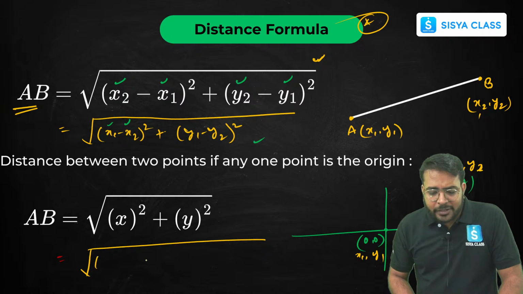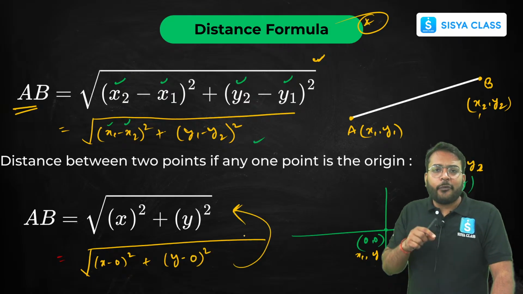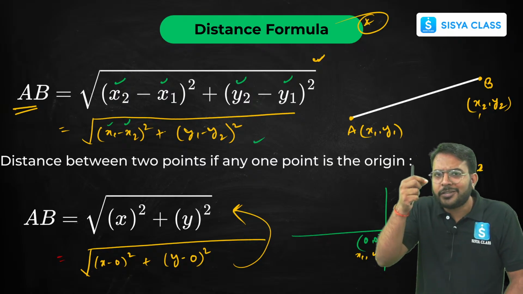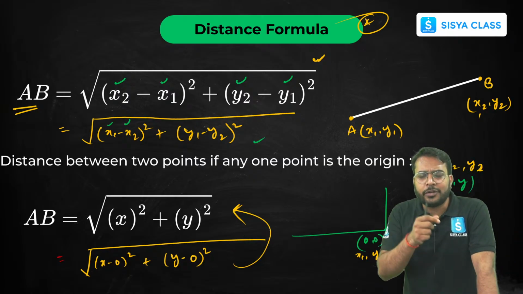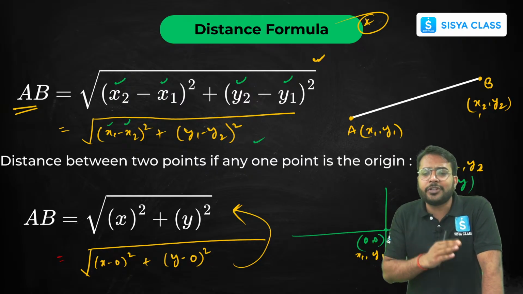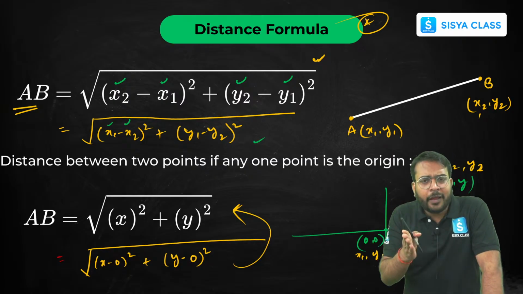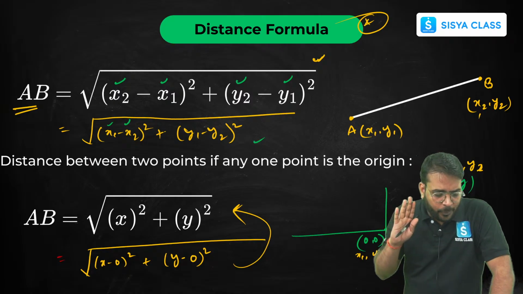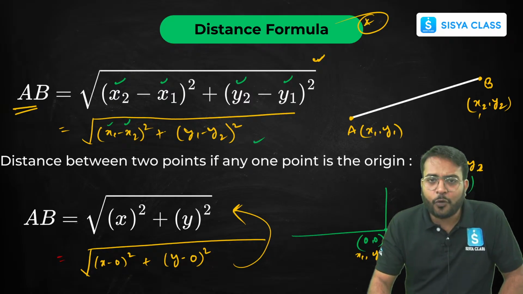So x2 minus x1 is x minus 0 whole square, plus y2 minus y1, that means y minus 0. So you get under root of x square plus y square. So directly you can remember that if you want to find the distance of any point from the origin, it is always under root of x coordinate square plus y coordinate square. That's it. I hope this is clear for everyone.